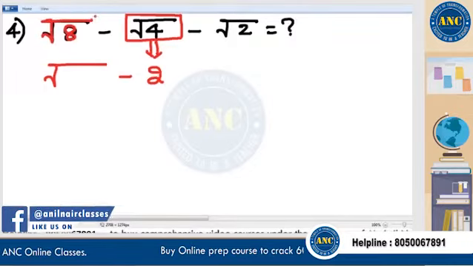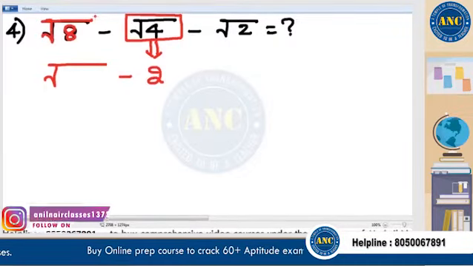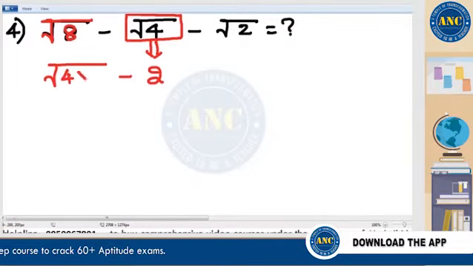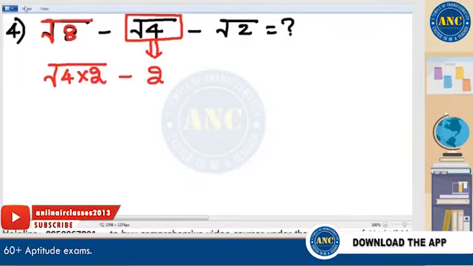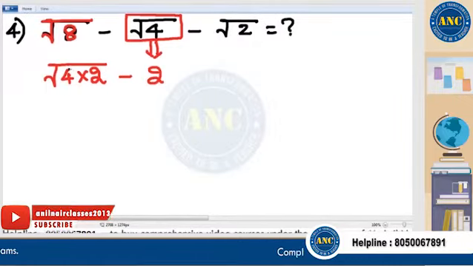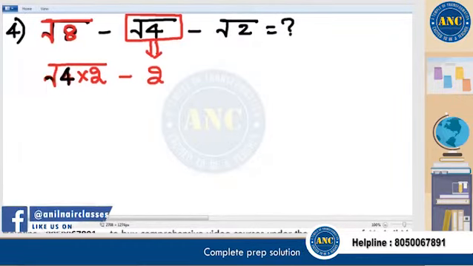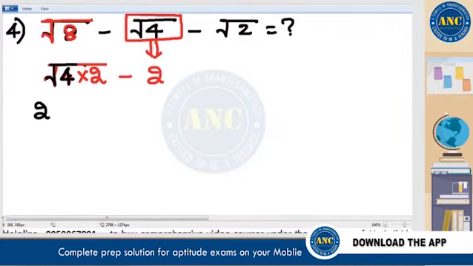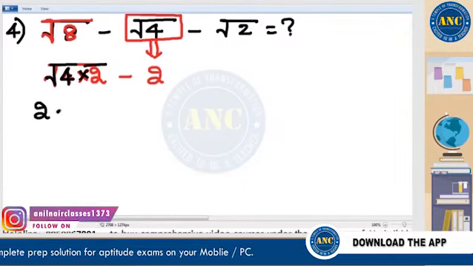If it is cube root, try to express inside as a perfect cube, and so on. That means 8 can be written as 4 into 2. Sir, why 4 into 2? Why not 8 into 1? Because 4 is a perfect square. Square root of 4 can be taken outside as 2, and remaining root 2 will remain.